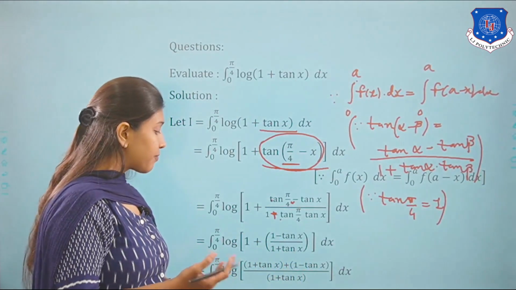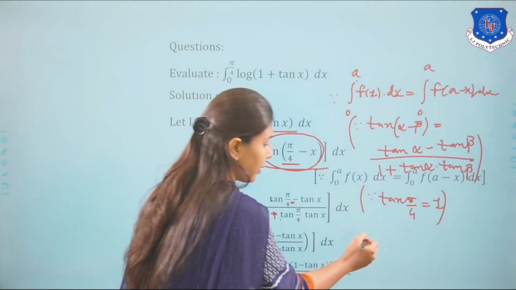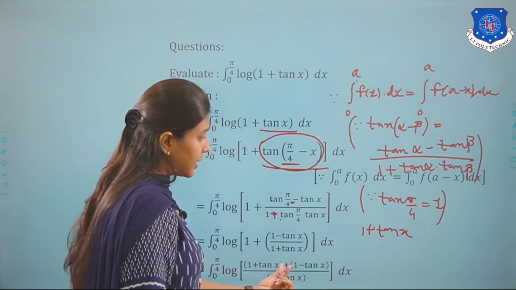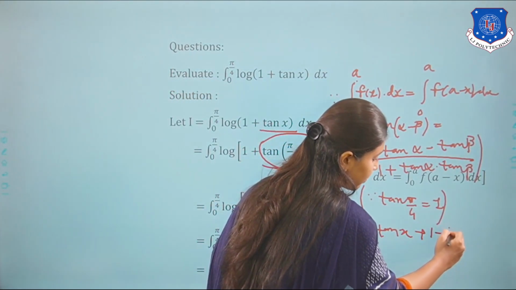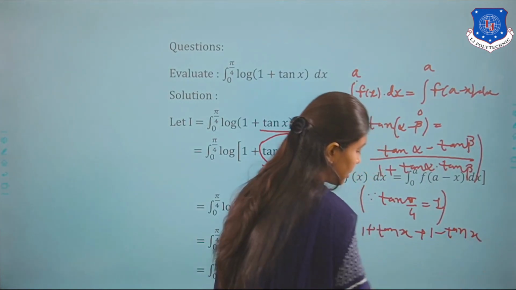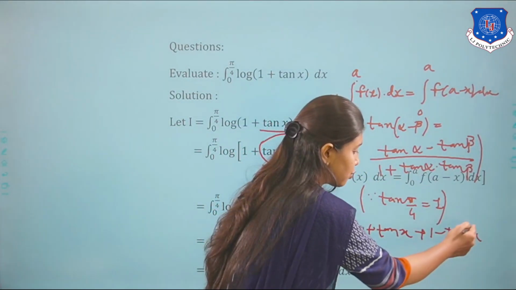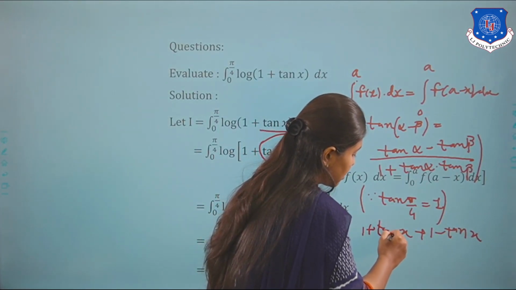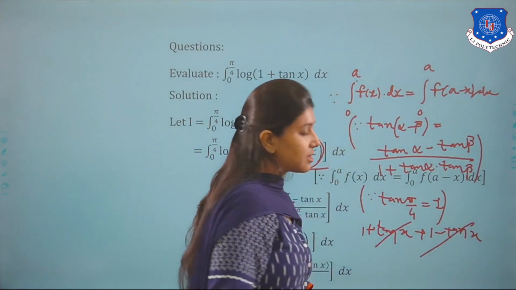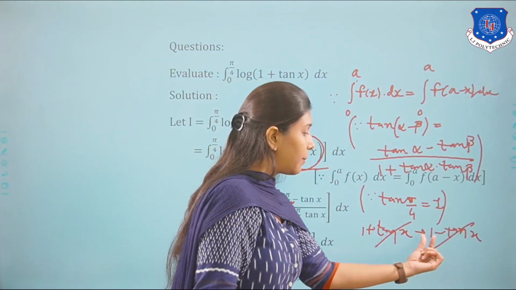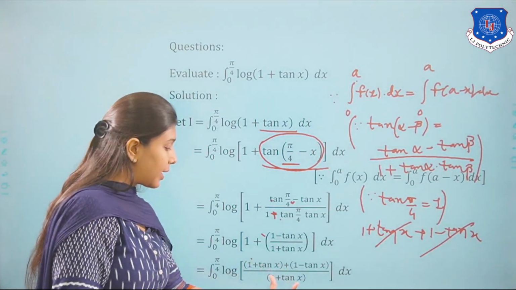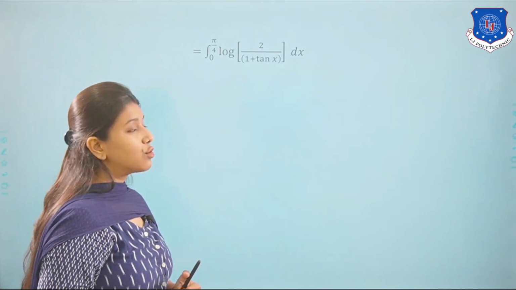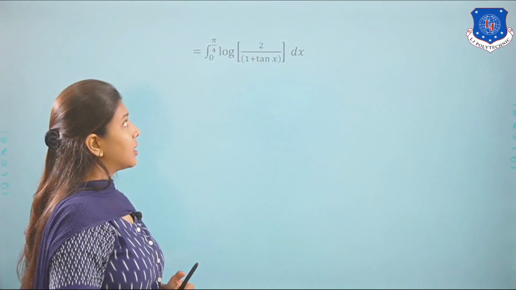In this term we can write it as 1 plus tan x plus 1 minus tan x. Plus tan x and minus tan x should be cancelled out. So we have 1 plus 1 is 2 divided by 1 plus tan x. 0 to pi by 4 log 2 upon 1 plus tan x dx.